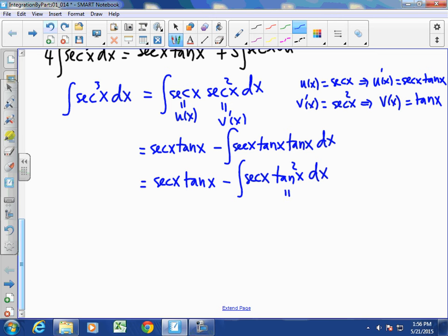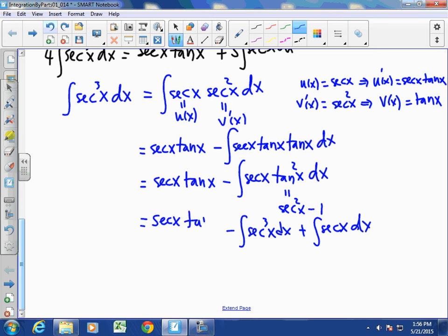So again, tangent square is secant square x minus 1. That will give us the integral of secant cube x dx plus the integral of secant x dx. Because if you replace tangent square with secant square minus 1, you get secant x times secant square, which gives secant cube x, and you have a minus in front of the integral. And then you get secant x times negative 1, which is negative secant x, but with the negative in front, it changes to plus. So we have secant x tangent x here.